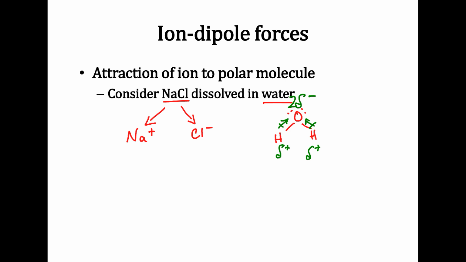So think about this. If you have sodium chloride, your sodium is your cation, chloride's your anion. If sodium loses an electron, well, water could actually orient itself like this around sodium, and we'd have a Coulombic attraction between that partial negative charge on the oxygen and that positive charge on the sodium.